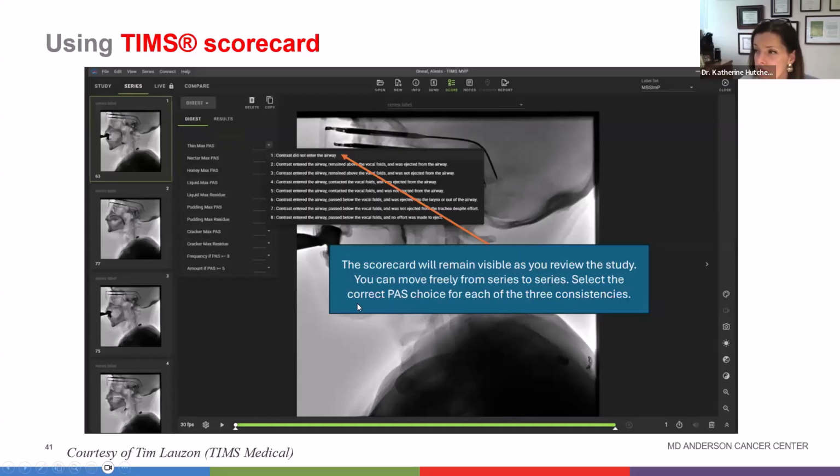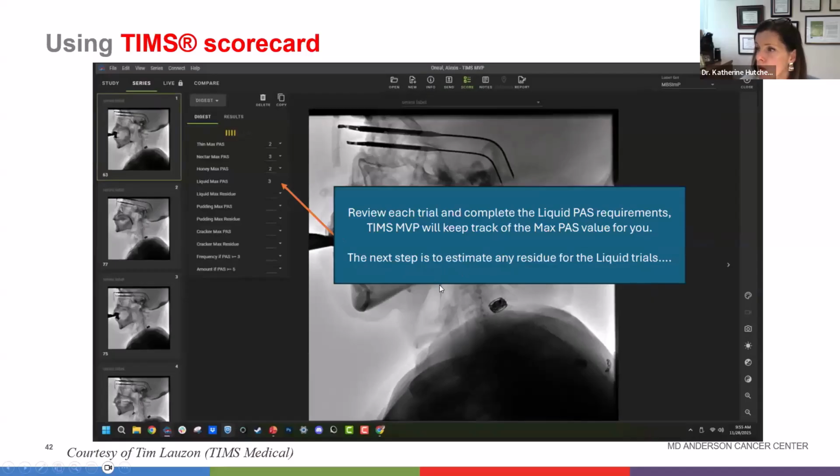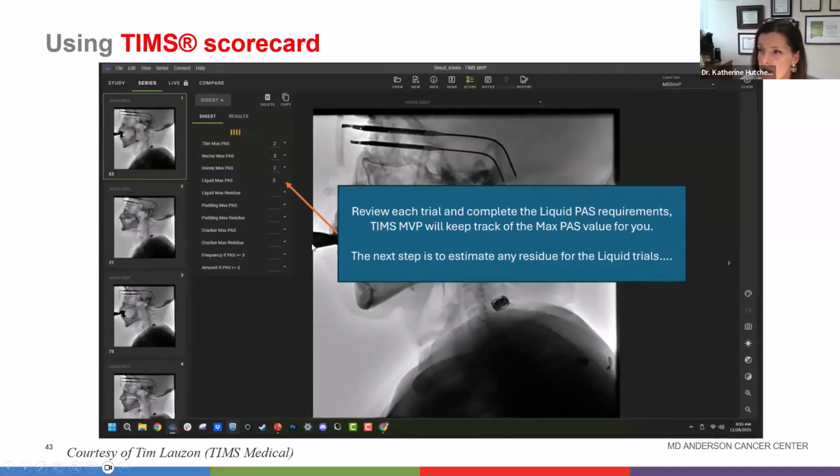Throughout the examination, you would have the opportunity to make selections on the penetration aspiration scale scores for different bolus types, as well as the residue estimations for different bolus types. One thing to note is that you don't have to track the maximum over the entire exam.